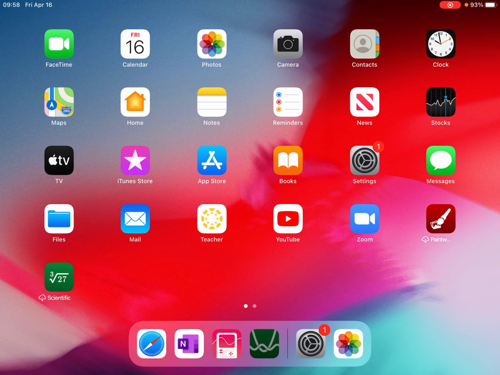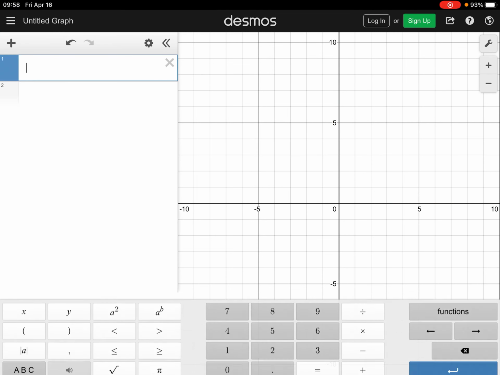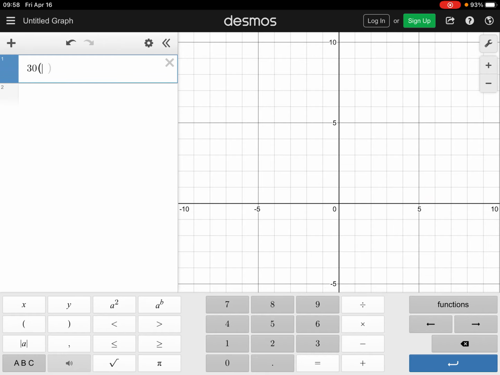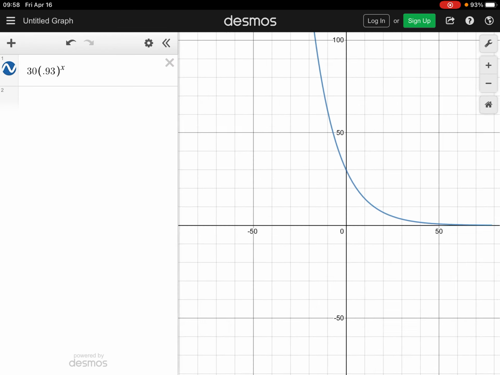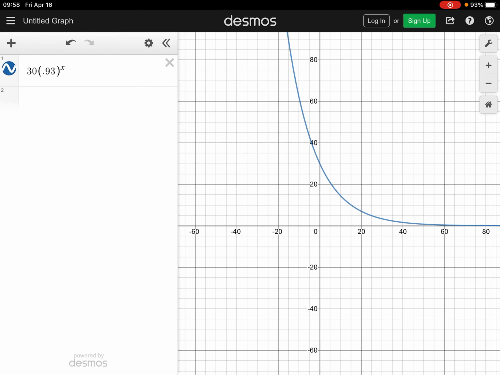Okay. So I typed it in. I can't even see it. There we go. It's there. I could trace it. You know how you can trace all the points until I got to 10. Okay.